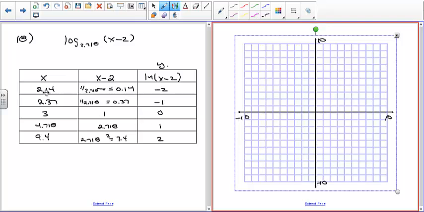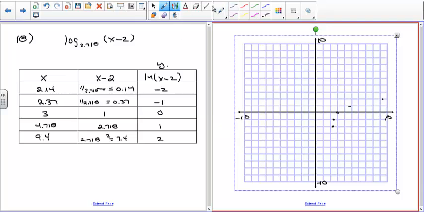Okay, so the first one is 2.14 and negative 2, so that goes right there. 2.37, which is a little bit to the right. Negative 1. 3, 0. 4.718, 1. And 9.4, which is about right there, 2.